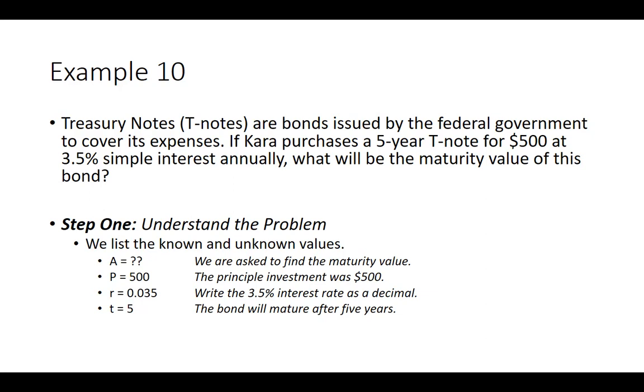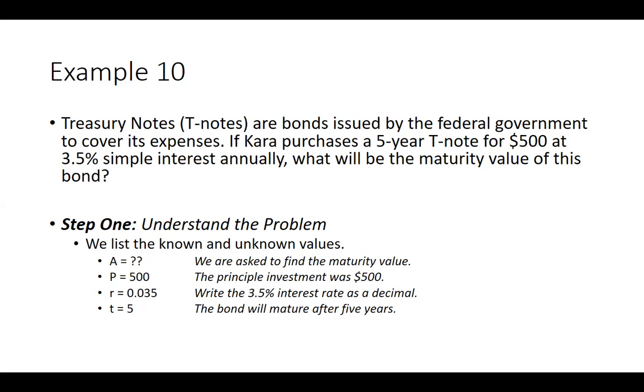We're asked to find the maturity value. That's the future value. That is A, total amount. So A is our unknown. P, the principal investment, was $500. R, the interest rate of 3.5% as a decimal becomes 0.035.